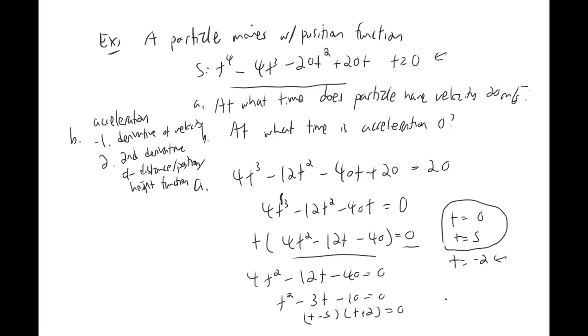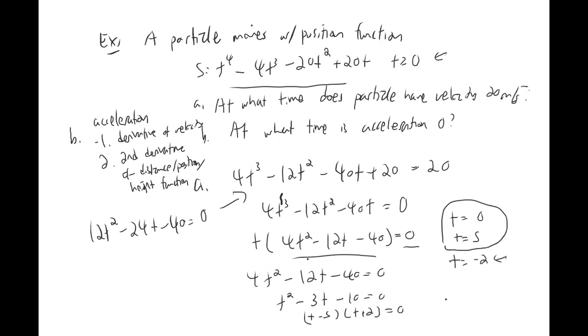How is your velocity changing? So again, to figure this out, you take the derivative. This is my velocity equation, so the derivative of this would be 12t squared minus 24t minus 40 is 0.